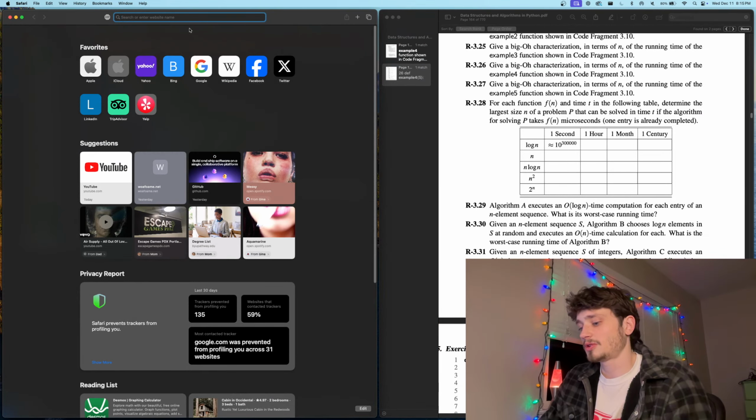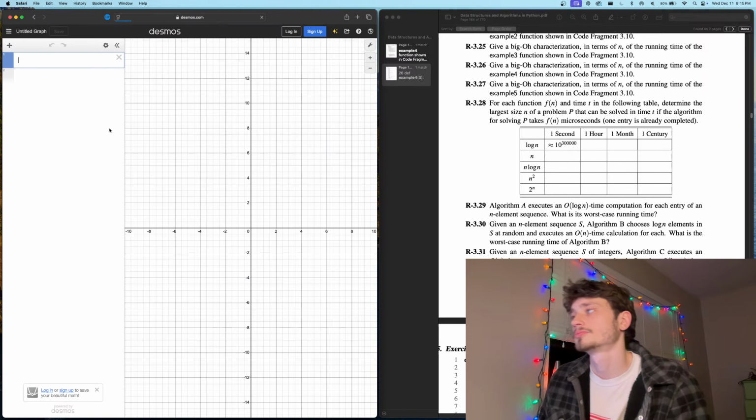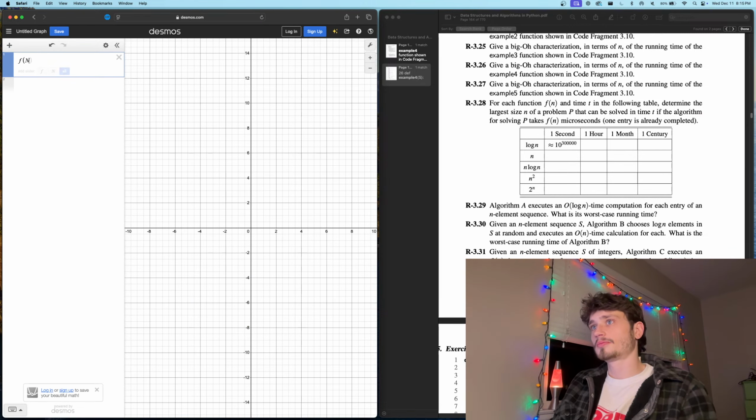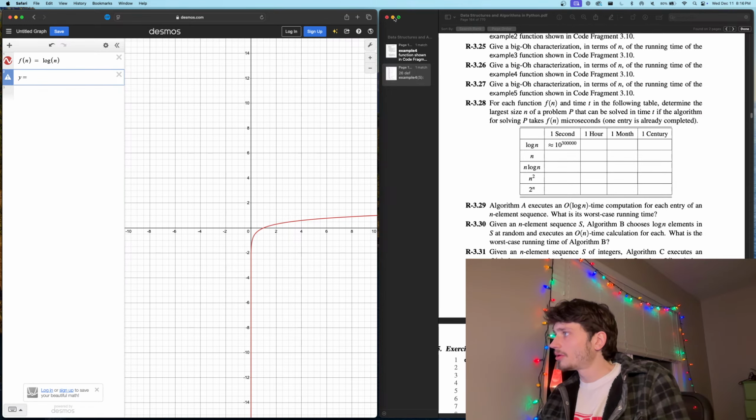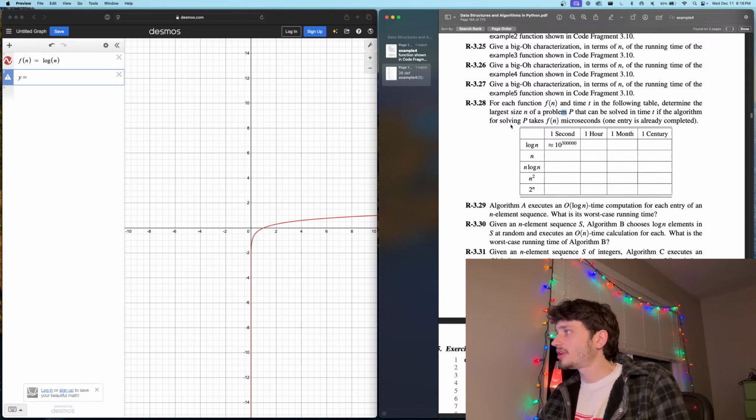Let's just go to Desmos. Let's just plot these. We'll say f of n, and then y equals the size that can be solved if it takes the function microseconds.